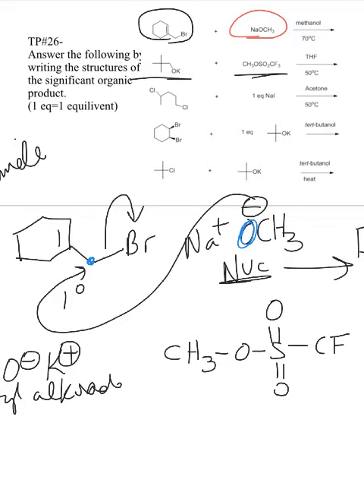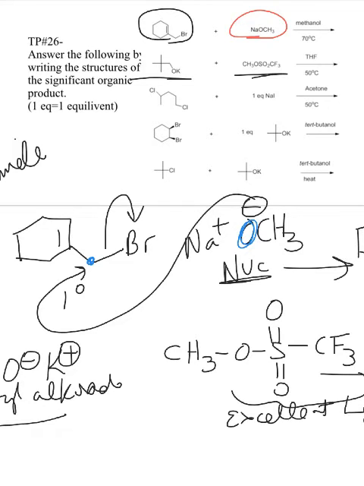So what does this look like? This is trifluorosulfonic acid. And so basically this is an excellent leaving group. And so when you look at the leaving groups for SN2, you'll see that now this is hindered.